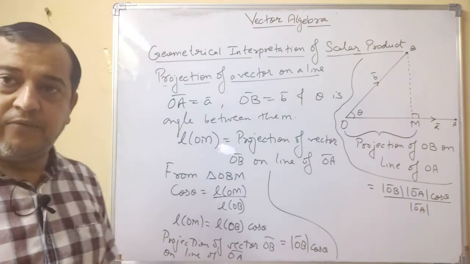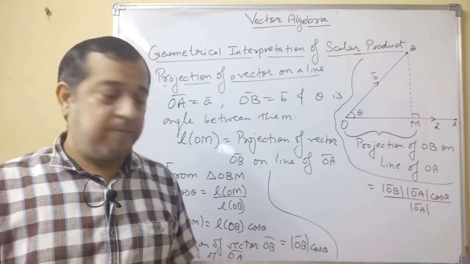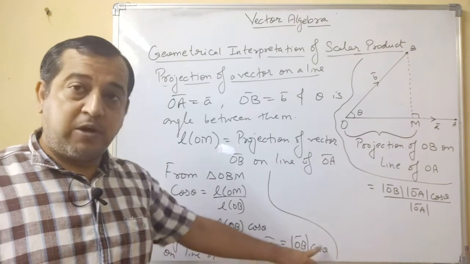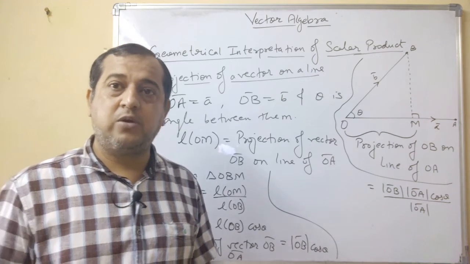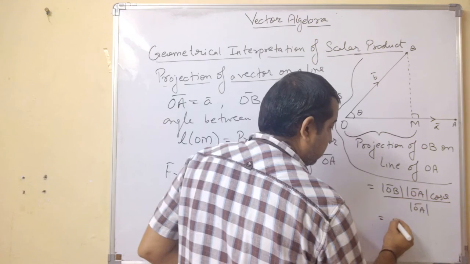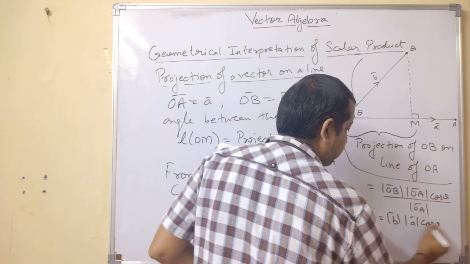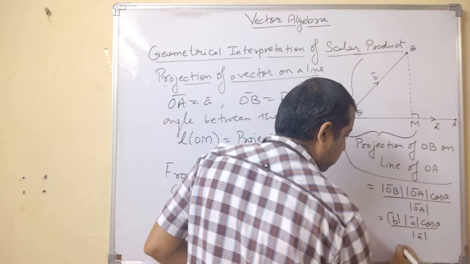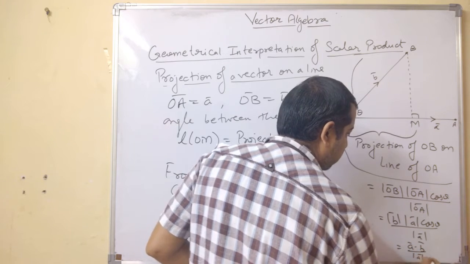Now what we have done, we have multiplied with the magnitude of vector OA. So we get mod vector B into mod vector A into cos theta upon mod of vector A, and this is nothing but vector A dot vector B upon mod vector A.